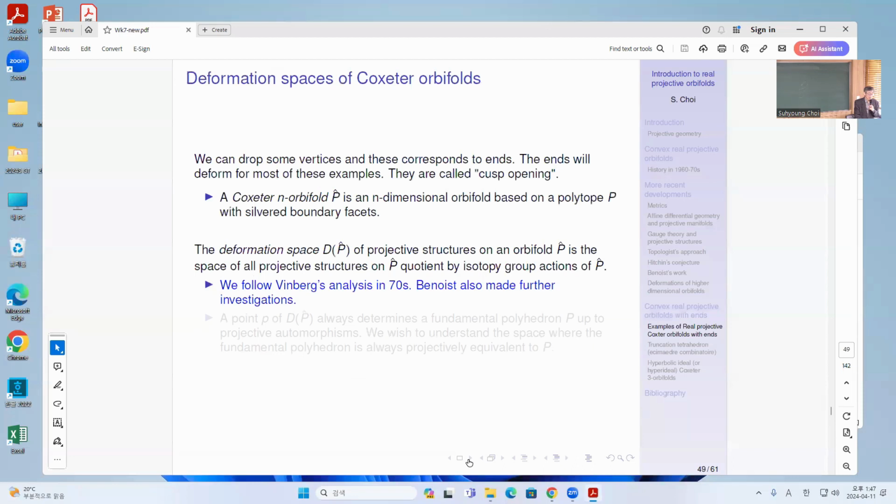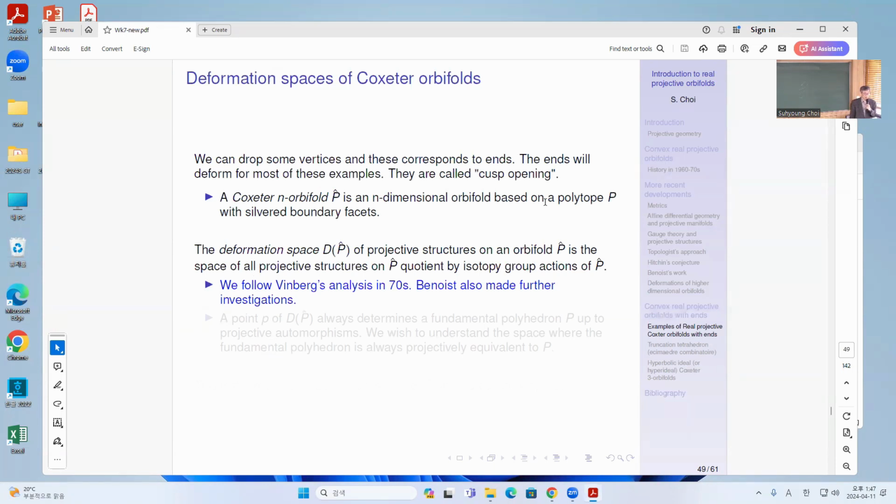So those are the 2-dimensional examples, and now we want to study the deformation space of Coxeter orbifolds with some ends. Here we want to look at the cases where these Coxeter orbifolds are not compact and have some ends, which corresponds to removing some vertices.